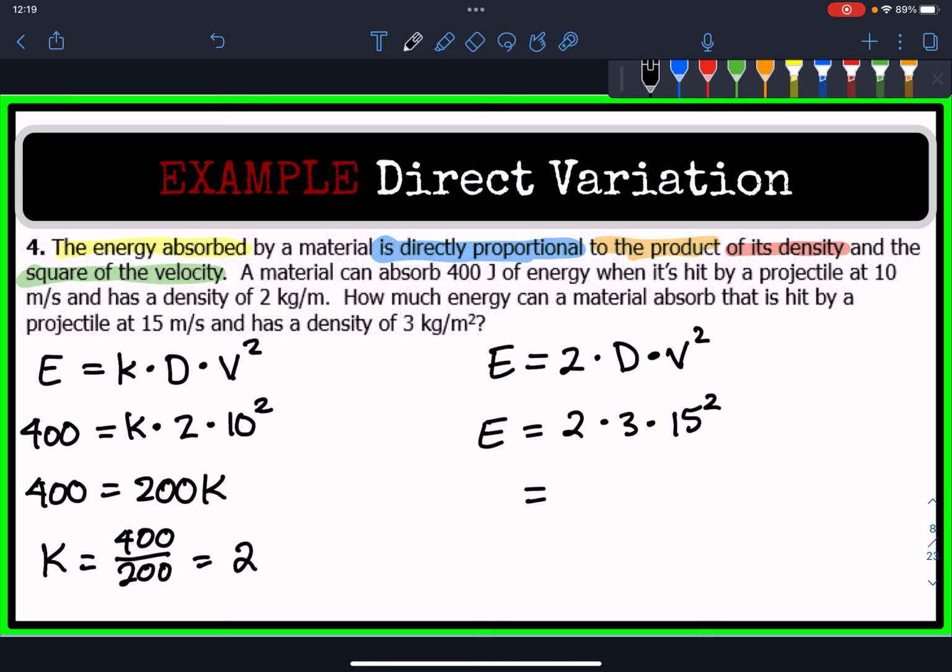So 2 times 3, that's 6, and 15 to the second power is 225. So 6 times 225 is equal to 1,350.